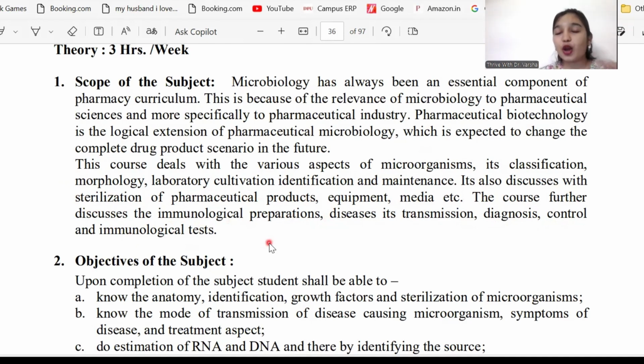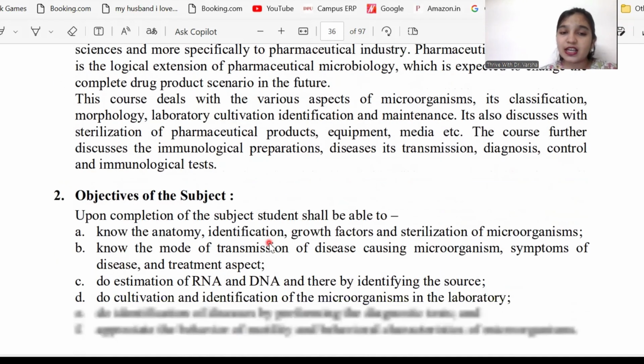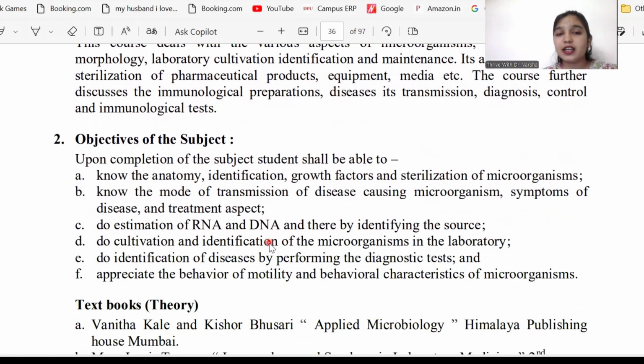So you will be studying all this in your course. Once you have completed your study of the subject, you should be able to understand the anatomy, identification, growth factors, and sterilization of microorganisms. You should know the mode of transmission of diseases, the causing microorganisms, symptoms of the disease, and the treatment aspect also.